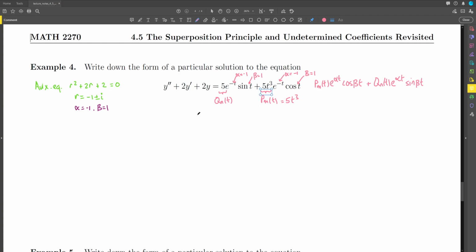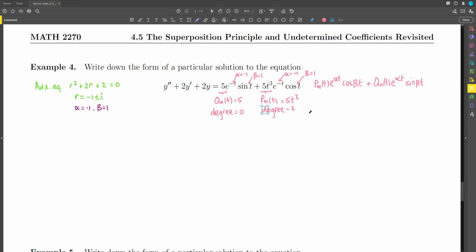So for our particular solution, we now need to look at the degree of these two polynomials. So the first polynomial here has degree equals 3, and this polynomial has no t, so the degree equals 0.